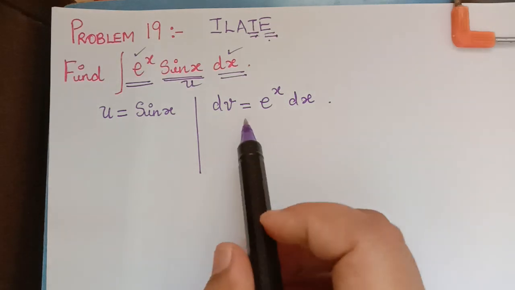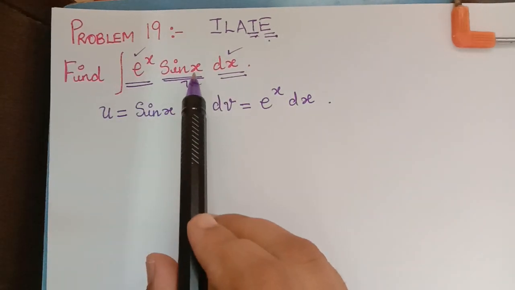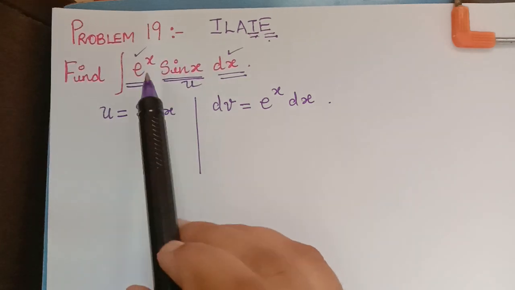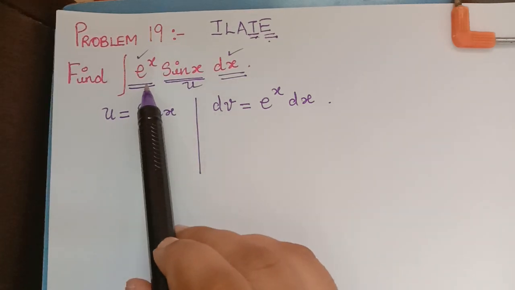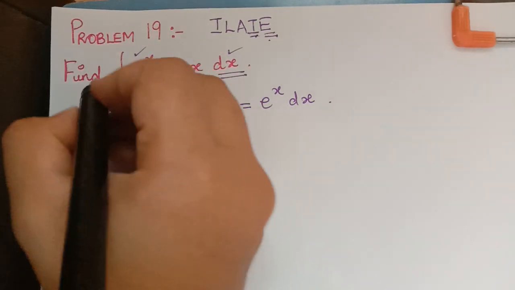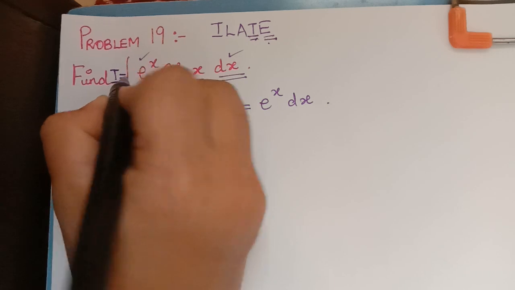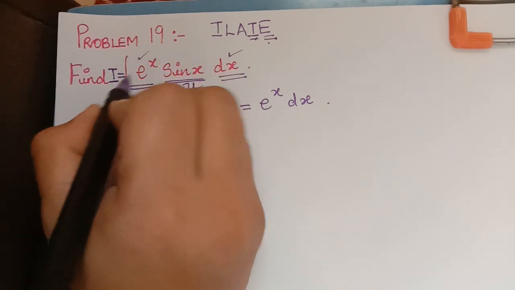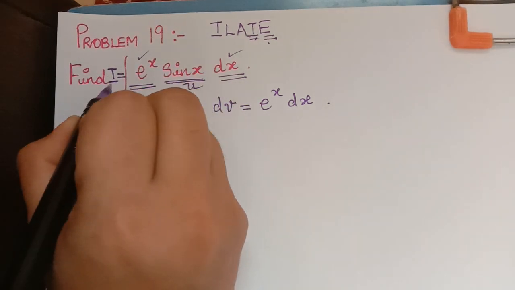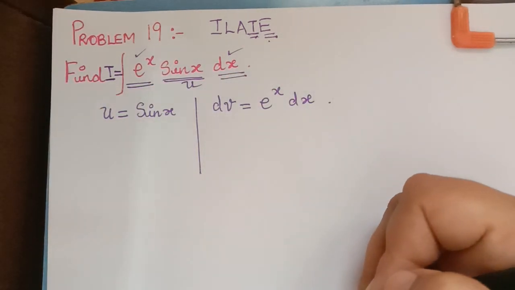And you always remember, whenever you have a combination of e power x and sin x, that is, a combination of an exponential term and a trigonometric term, you take that integral to be equal to I. So this integral is taken as I. We are representing this as I for a reason, which we will know while solving this problem.